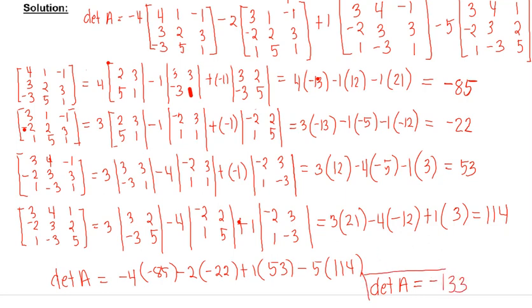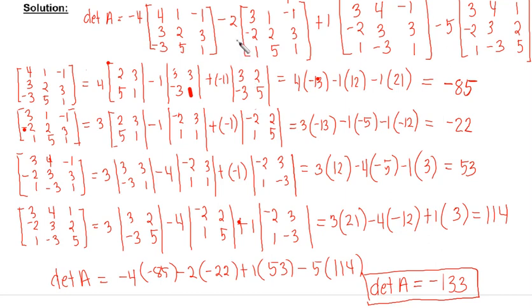So kindly check if my calculation is correct. So ito yung value ng determinant of A natin. So we have here yung negative 4, yung coefficient natin, yung pinakaunang coefficient natin, times the 3 by 3 matrix. So nakuha natin yung values nito, which is negative 85.